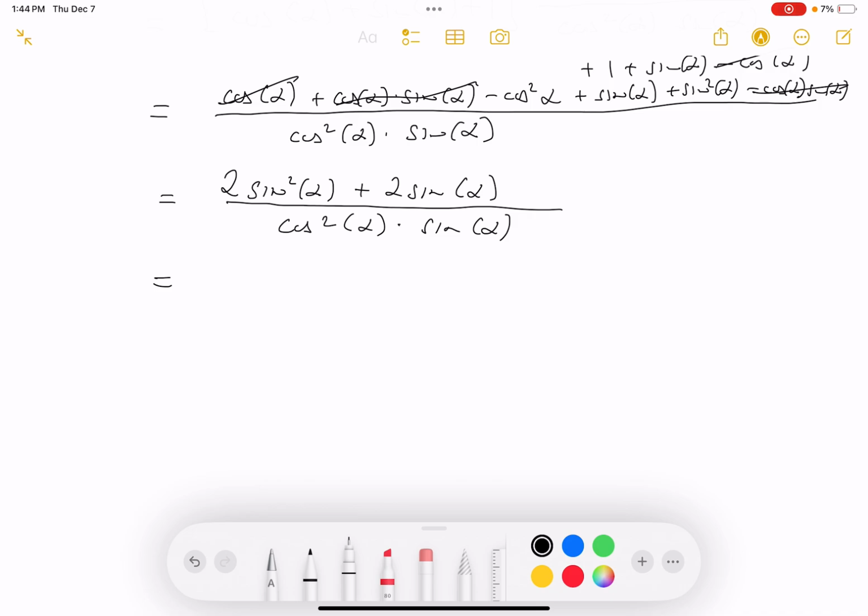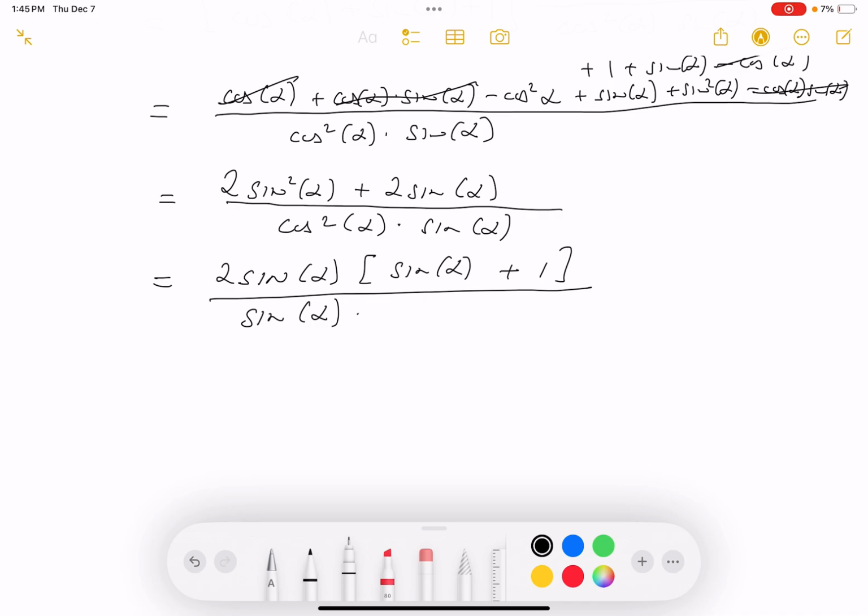I'm going to factor out a sine and a 2 alpha. And what are you left off with? Sine alpha plus 1. On bottom, you're left with a sine alpha and a cosine squared.